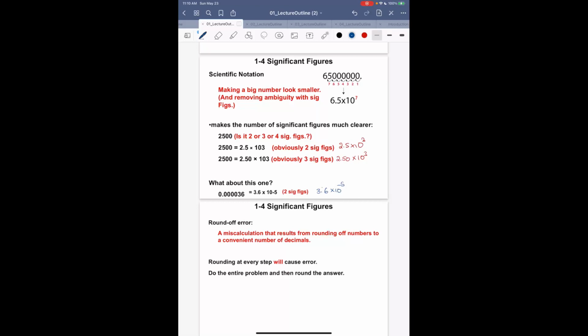So do the entire problem, and then round the answer to get the correct number of significant figures. Usually it's easier to keep the numbers on your calculator and finish the calculation. And finally, at the final step, you find out the number of sig figs.